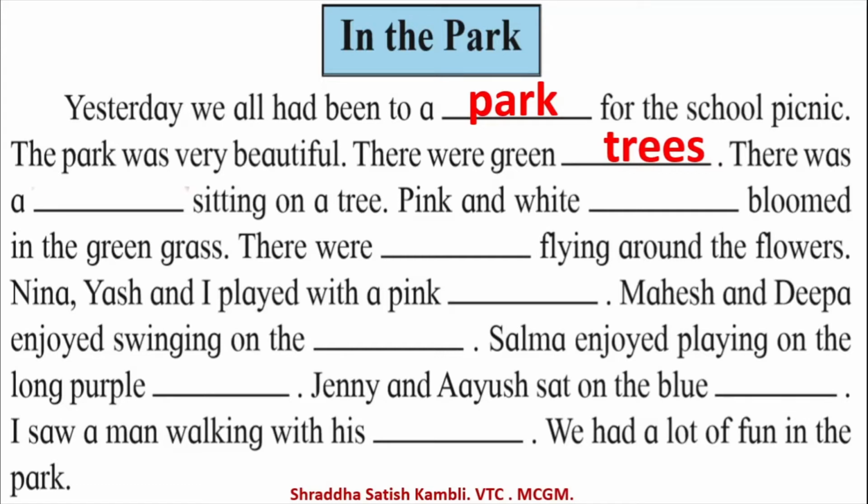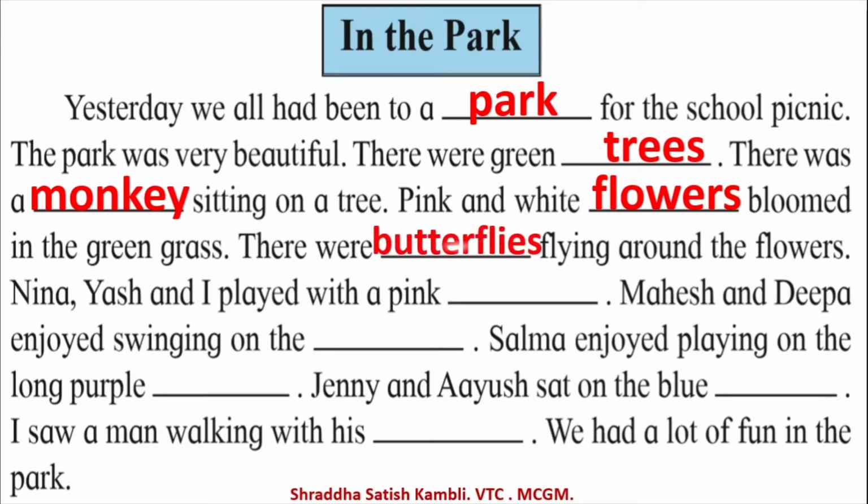It was a monkey. So, there was a monkey sitting on a tree. Pink and white. What bloomed in the green grass? Pink and white flowers bloomed in the green grass. There were dash flying around the flowers. So remember what was flying around the flowers? Very good. There were butterflies flying around the flowers.